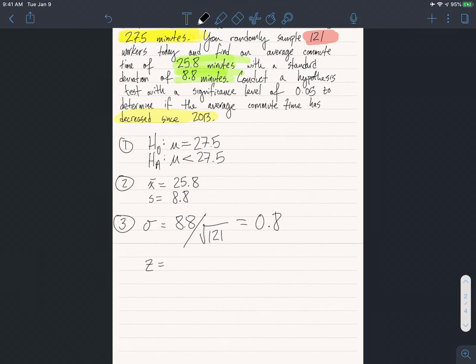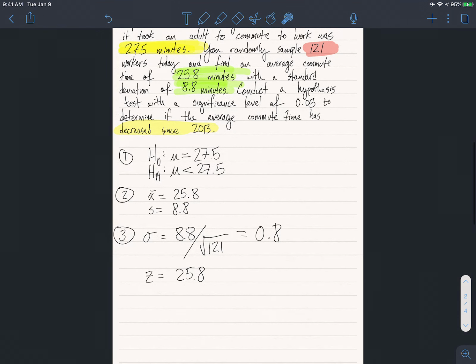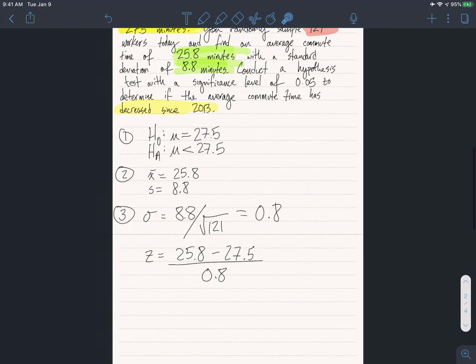Our value we found was 25.8, right? That's what we found. Minus the mean. The claim goes here, right? What was claimed? What is the mean supposed to be? Well, they said it was supposed to be 27.5. Divided by the standard deviation. Well, we've adjusted it. The standard deviation after adjustment, 0.8.